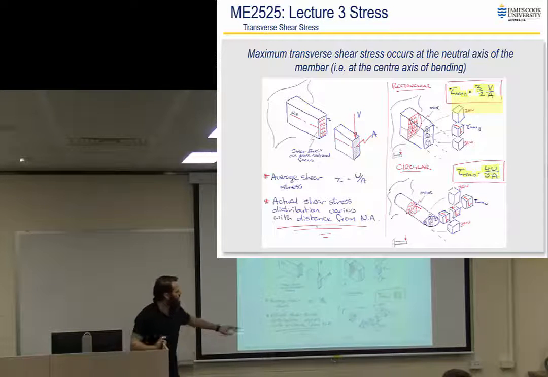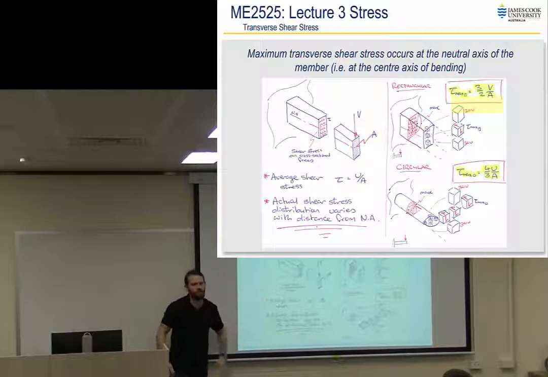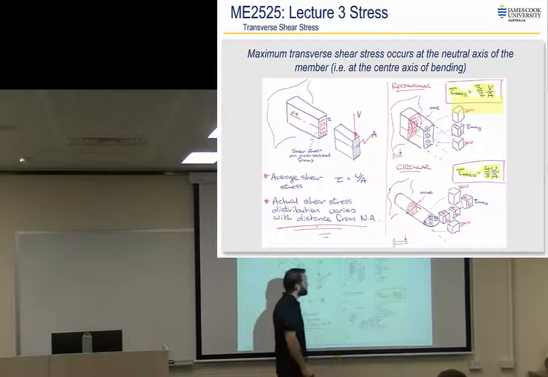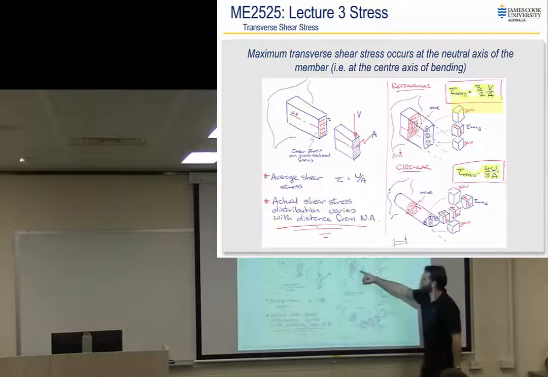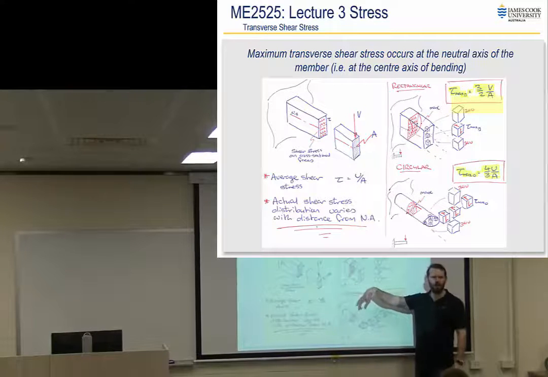Now, what that gives me in transverse shear terms is the average shear stress, but transverse shear doesn't evenly distribute throughout a cross section. Transverse shear actually looks like this. It's like a rounded profile. I'm not sure whether it's rounded, I think it's parabolic, but anyway.